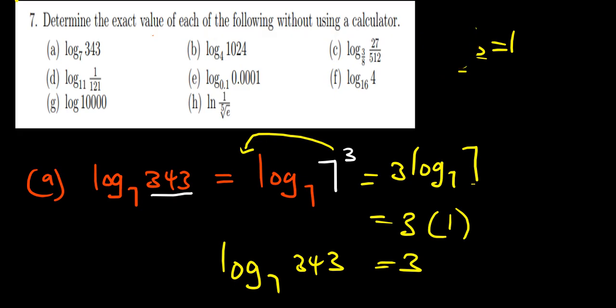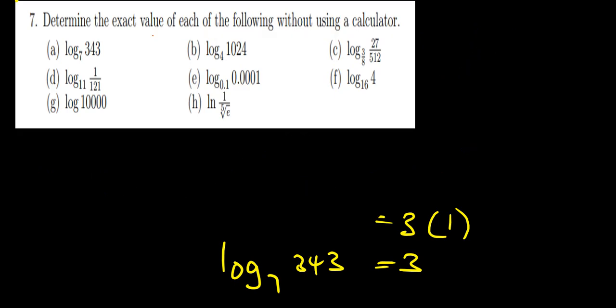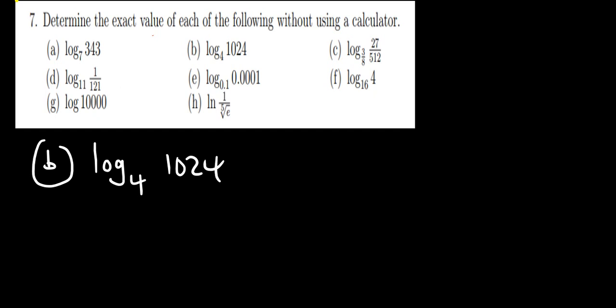Now let's look at the other ones. The next one is B. On B we have log base 4 of 1024. Here I just have to express 1024 in terms of 4 to the power of something. 1024 is the same as 4 to the power 5.